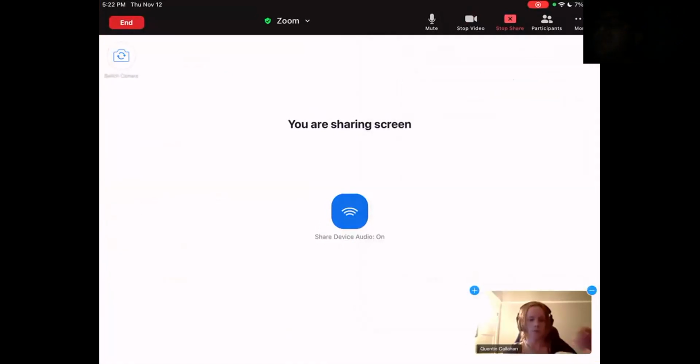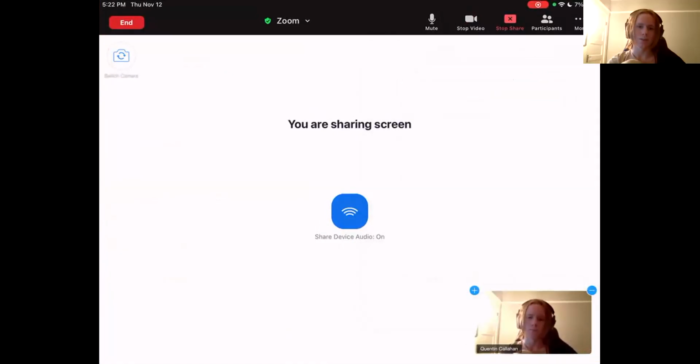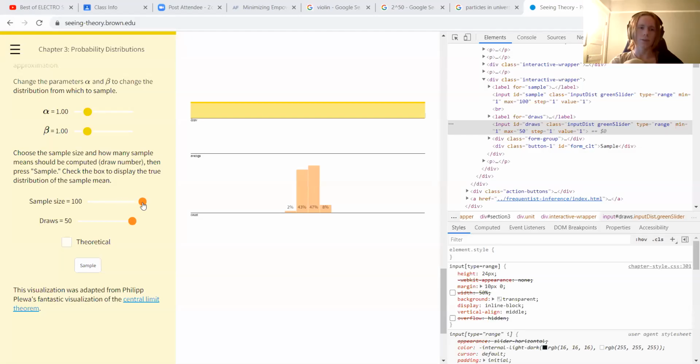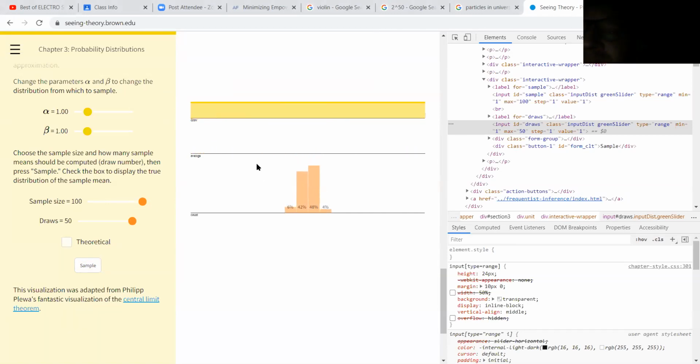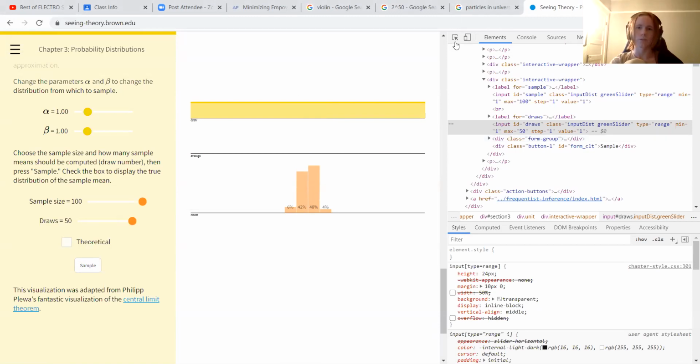Can you share your screen? Oh, I see. So I can change the number of draws. Yeah. Like you see, I have the sample size all the way up to 100 here, whereas you could only get it up to like 15. Oh, that's really cool. Yeah, I can't change the width of the rectangles though because they're pre-constructed.